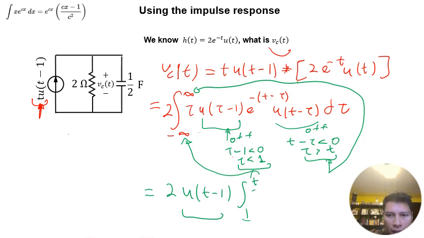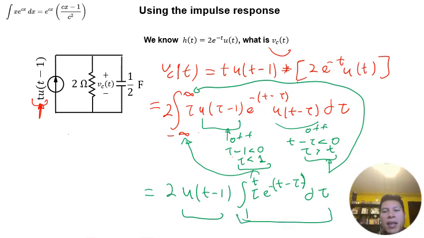Okay, and now we have tau e to the negative (t minus tau) d tau. At this point, you can just go to your computer and do this integral, and you've found the solution to the circuit.